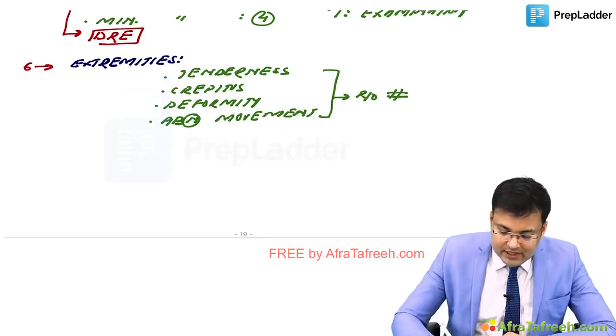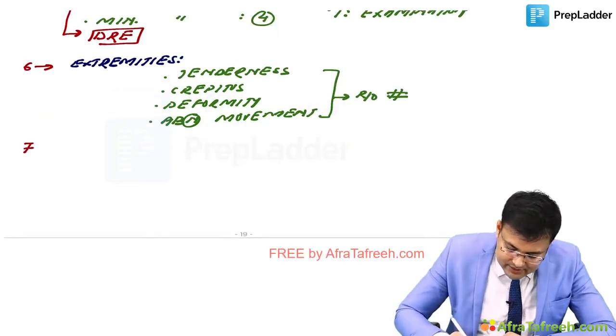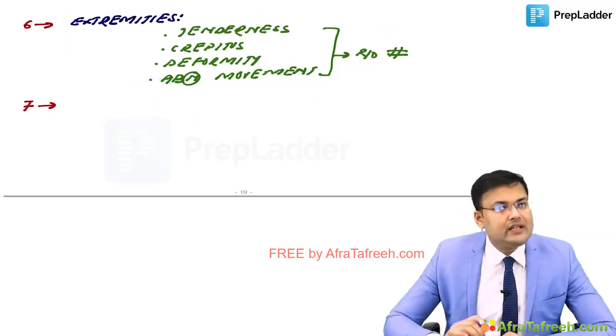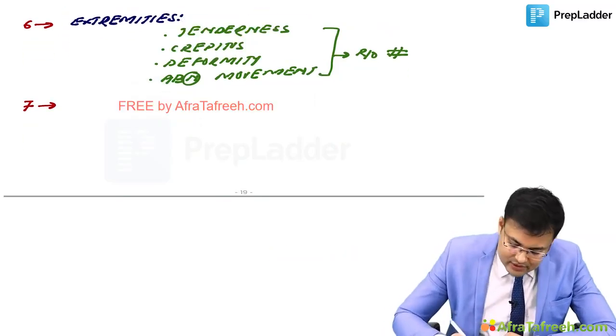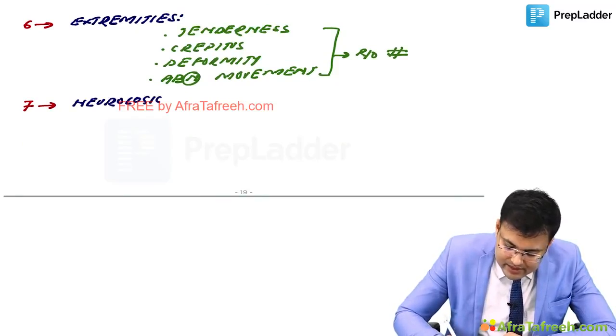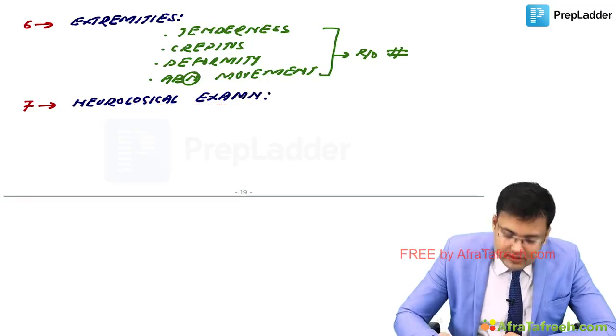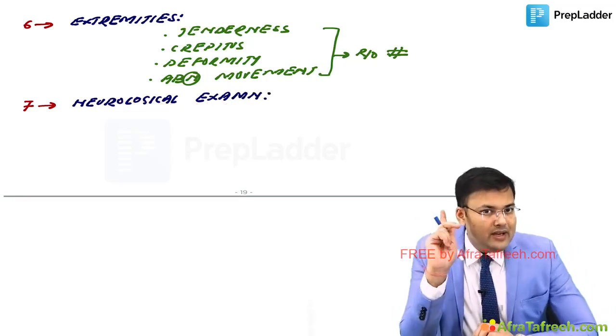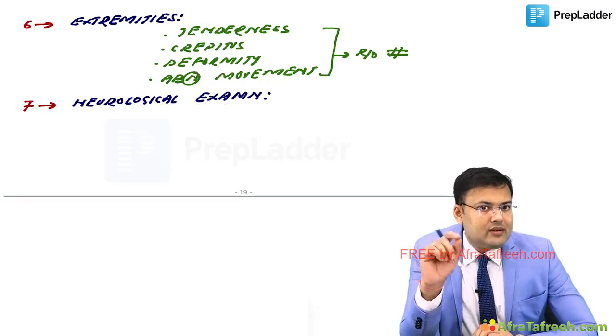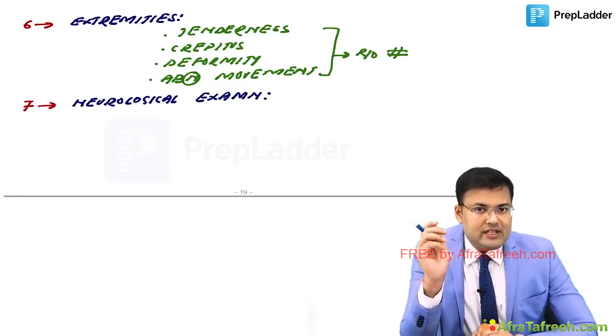6th step done. What is the 7th step? The 7th step is neurological examination. Here we perform a brief neurological examination. We did GCS in disability, the 4th step of the primary survey.